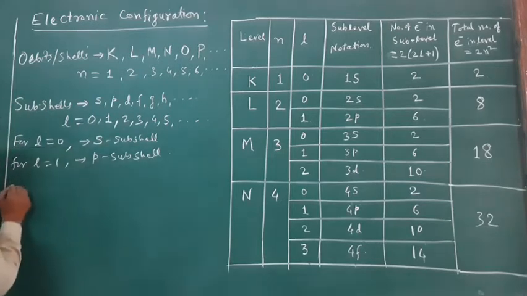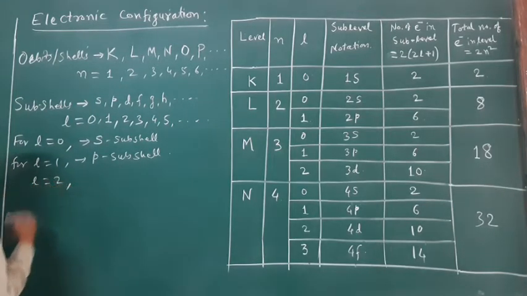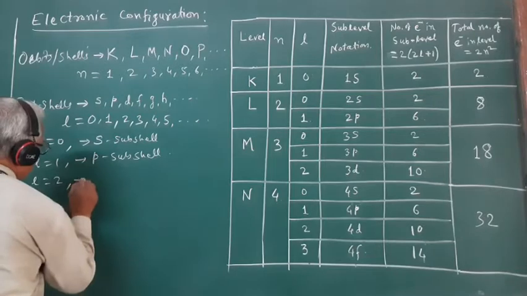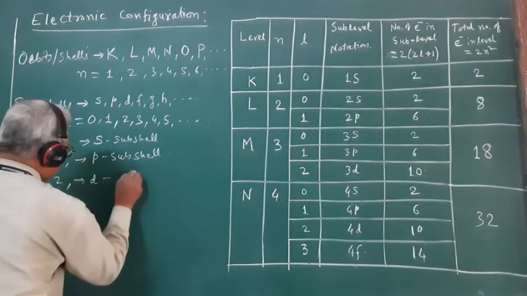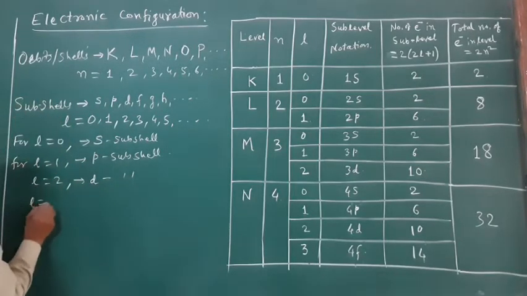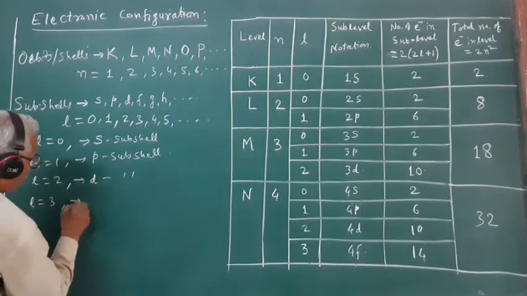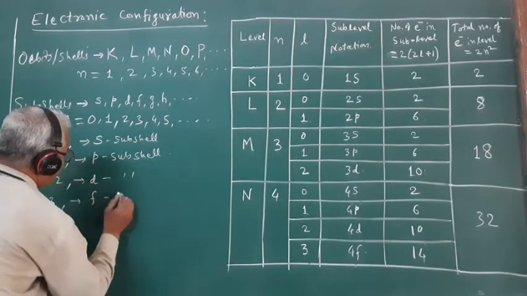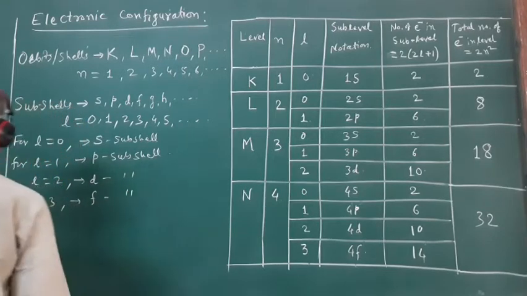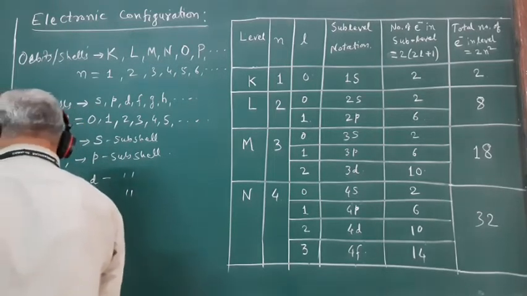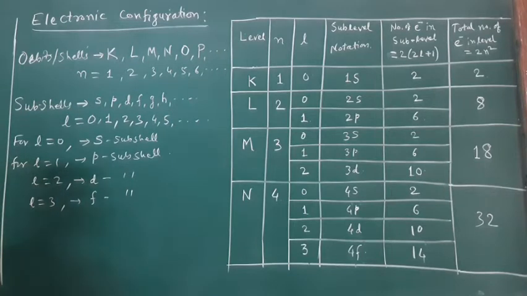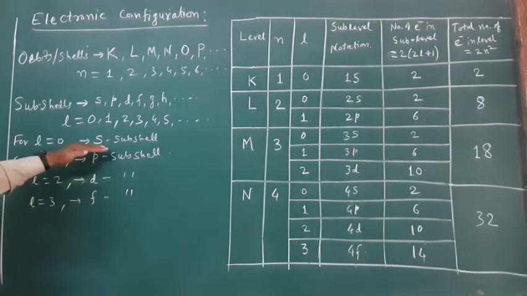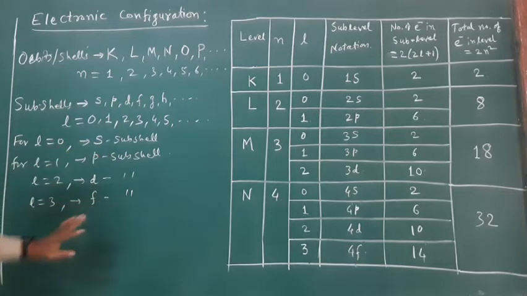For l equal to 2, we have the d subshell. For l equal to 3, we have the f subshell, and so on. So for different values of l, the different subshells are respectively represented by the letters s, p, d, f, etc.